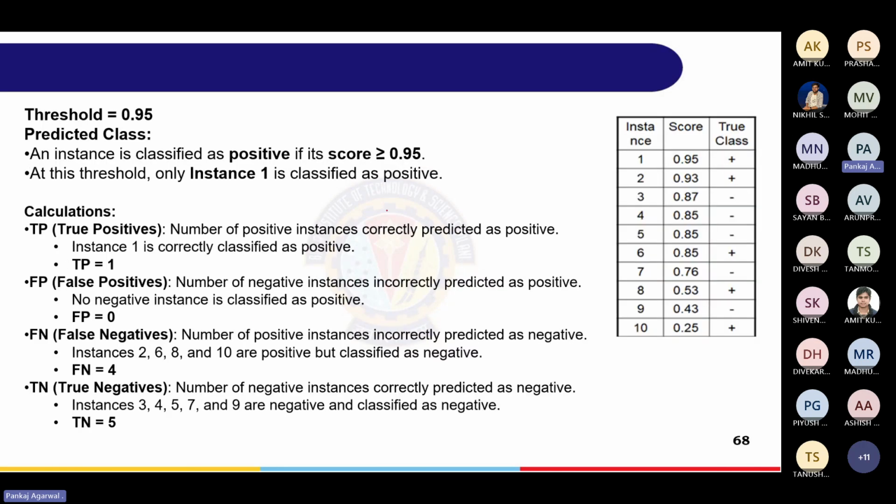So let us do one thing. I'll take an example. Suppose this is 0.95. I take this particular score, for example. This is a predicted class. An instance is classified as positive if its score is greater than or equal to this threshold. I told you that I have to try different thresholds, so I'll try this one.